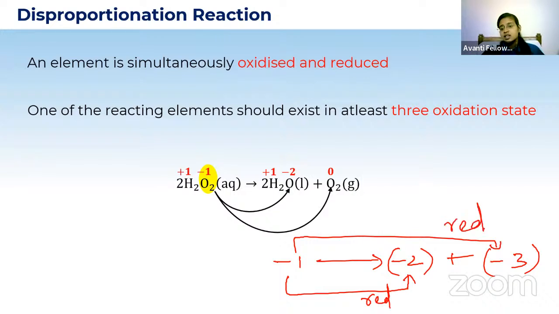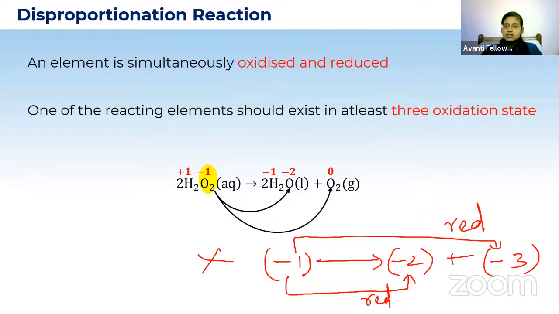In this, it is having 3 different oxidation states, but the 2 products that are being formed are both reduced products. If it is so, then this kind of reaction is not called disproportionation. One should get oxidized and the other one should get reduced, and we should have 3 different oxidation numbers for that element. Are you getting my point?